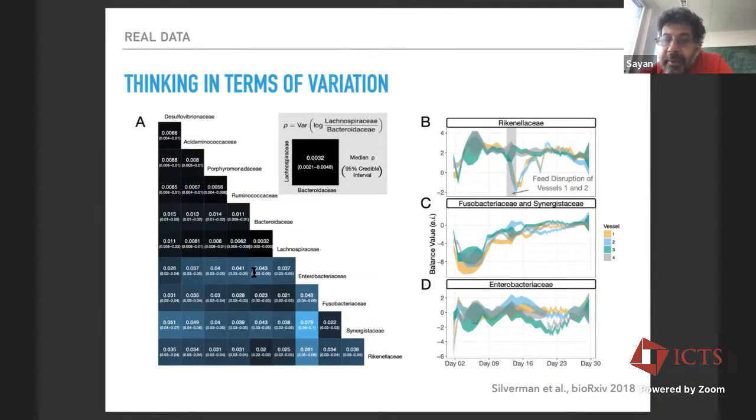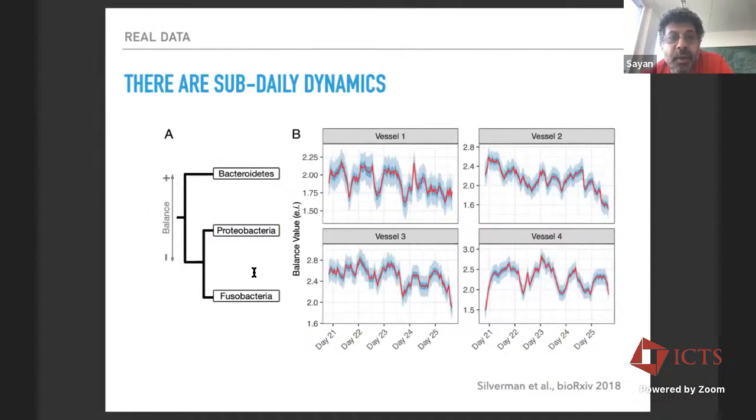So again, we can give you these estimates of confidence or credible intervals. So then you can start asking questions. Are there sub-daily dynamics? How fine is it?